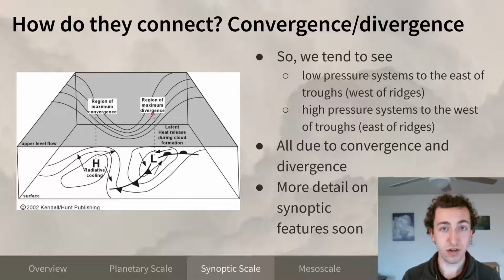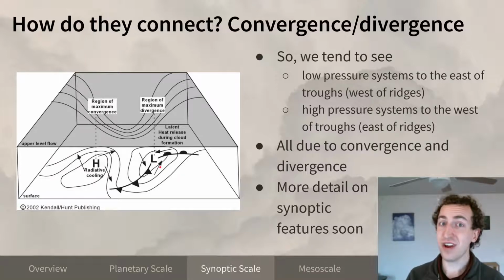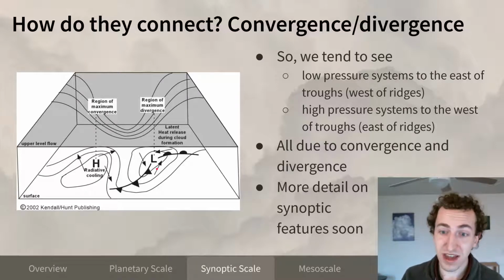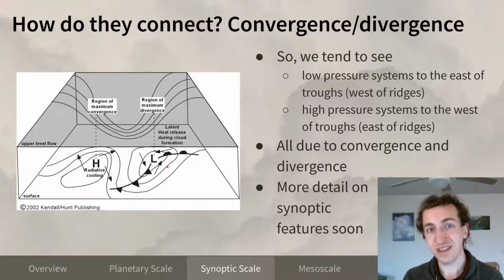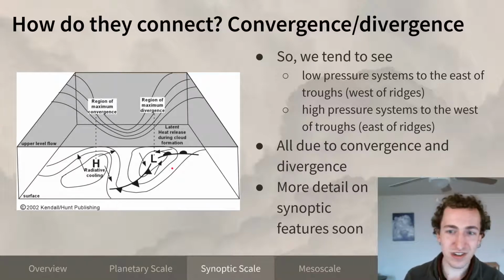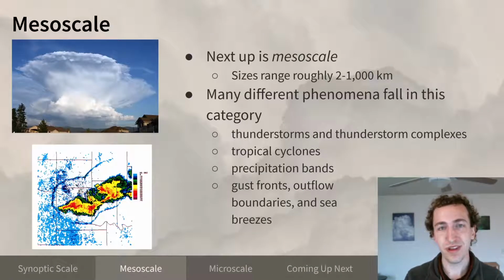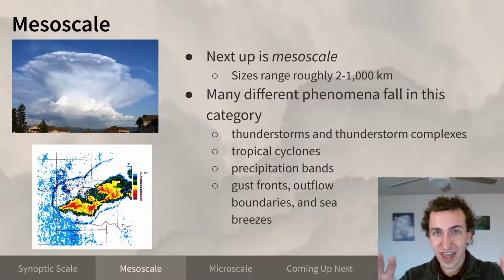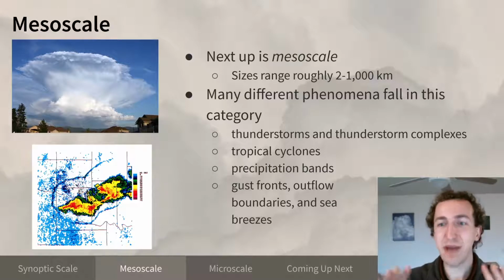Or we get divergence aloft, which tends to create upward motion, which is associated with low pressure systems at the surface. The exact details of how these all connect together, and also connecting them to fronts and air masses, will be in the synoptic features lecture coming up after this one. So that gives our sense of synoptic scale.